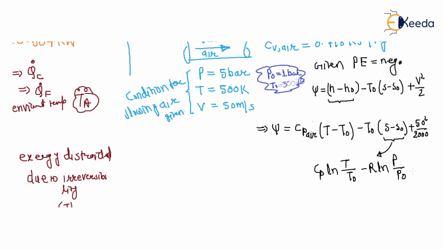T is given, T naught is given, Cp of air is given, so this is calculated. R is equal to Cp minus Cv, also given. P is given, P naught is given, and velocity is given. So if you calculate this, there is the answer.